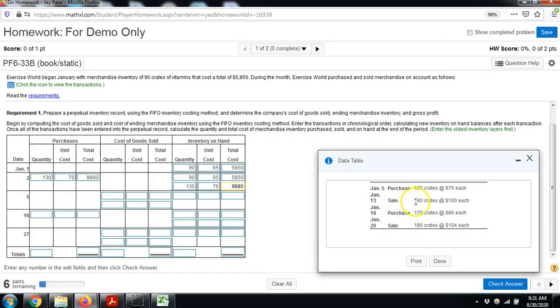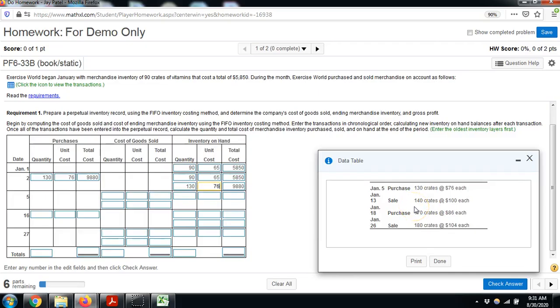Okay, so now let's continue on with our first sales transaction. So it looks like we're selling 140 crates. So now we have to ask ourselves which system we're using, because we have these 90 at this price and these 130 at this price. So how are we going to take different amounts of each of these layers to make this 140 crates that we're selling?